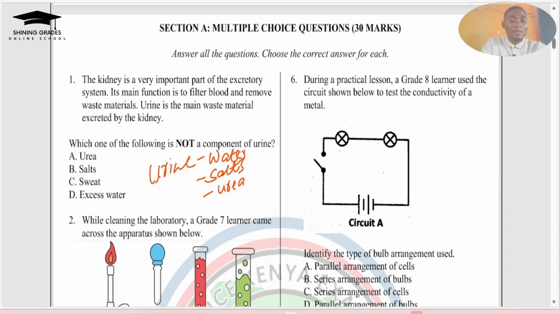So learners, we have sweat, which is a waste material that is excreted through the skin. So sweat is not one of the components of urine. So the correct answer is C.